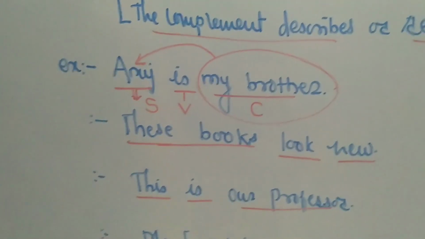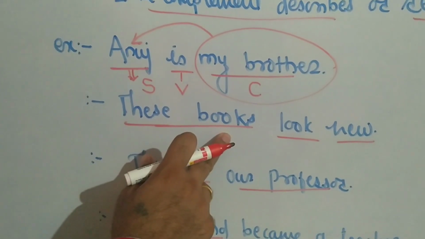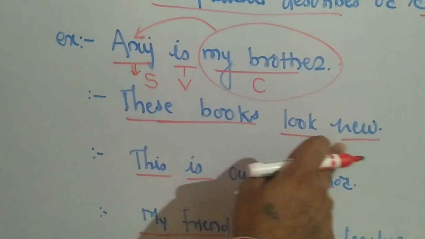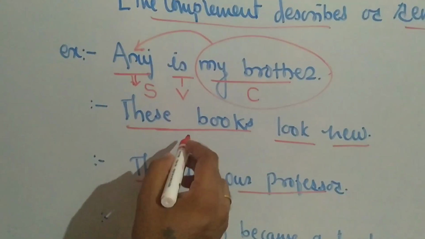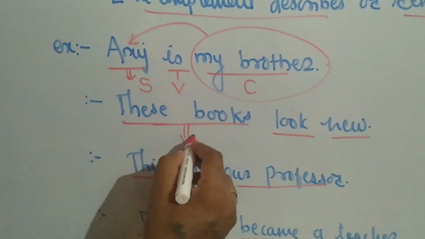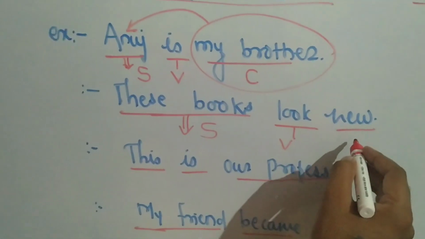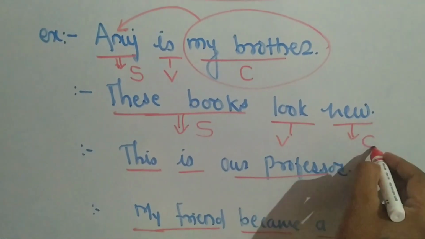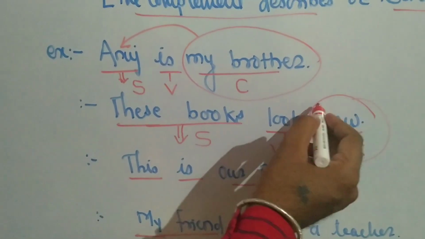Now the second example is these books look new. Here these books is the subject, look is the verb and new is the complement. So who is new?